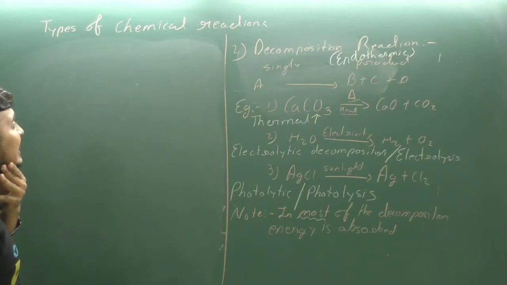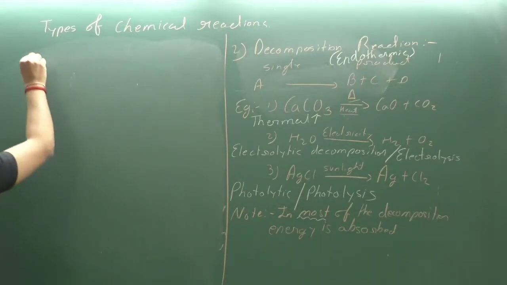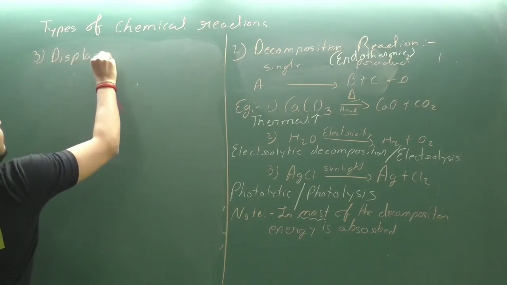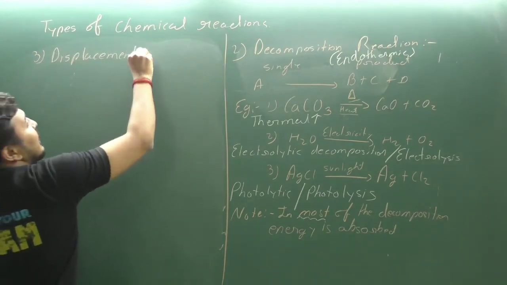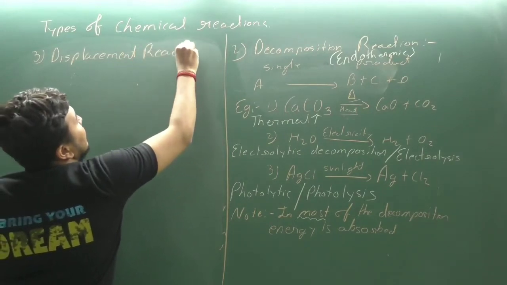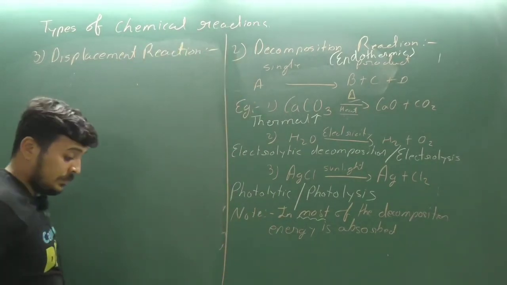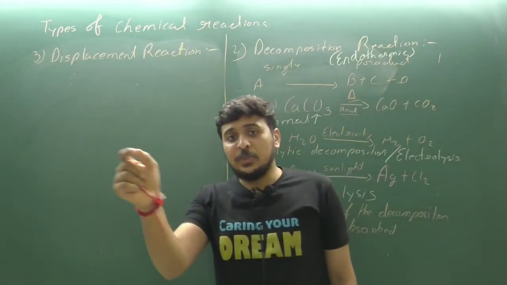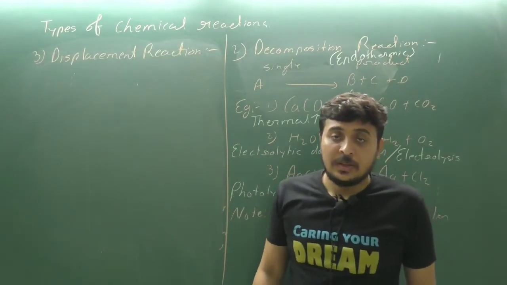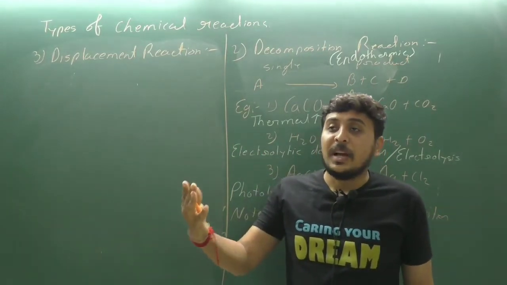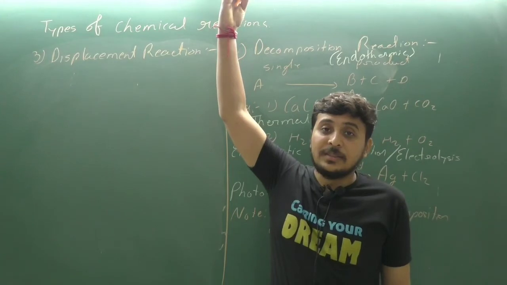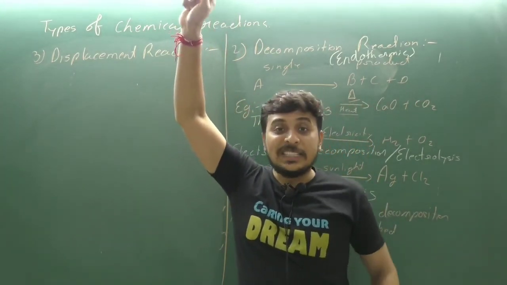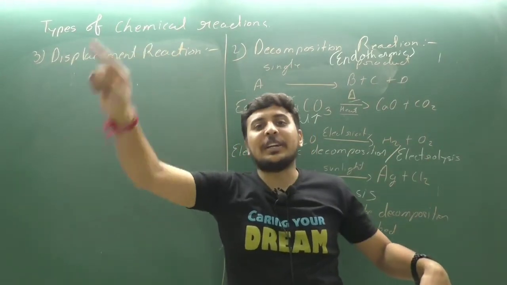So as the name suggests, write down the definition of the third type of reaction, that is displacement reaction. The reaction in which high reactive element displaces low reactive element.